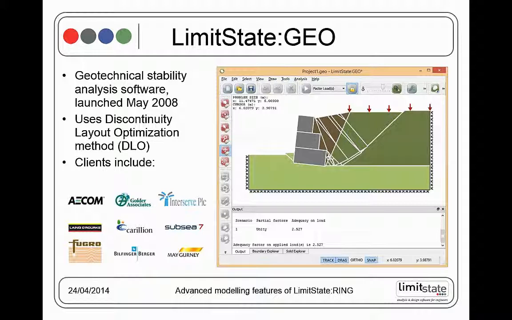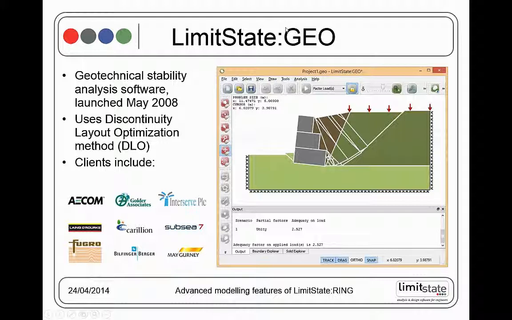Our current main software tool is called LimitState GEO. It's geotechnical software, launched in 2008, and it's now at version 3.1. Similar to LimitState RING, it allows a very clear indication of the expected mode of response at collapse.